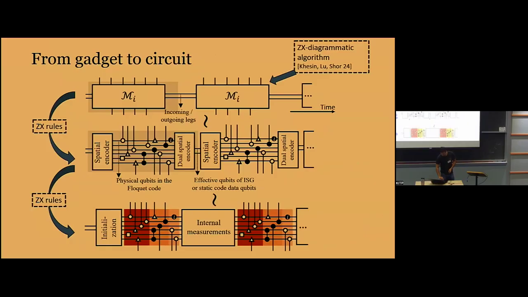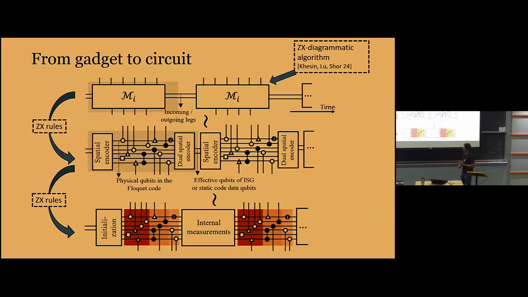Okay, so now how do we actually realize these gadgets as circuits? I just said that there is some input stabilizer code, there's some output stabilizer code, and it's the same as the input stabilizer code because we are doing syndrome extraction. But how would you realize it as a circuit?